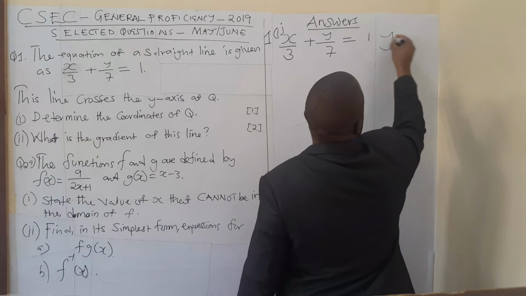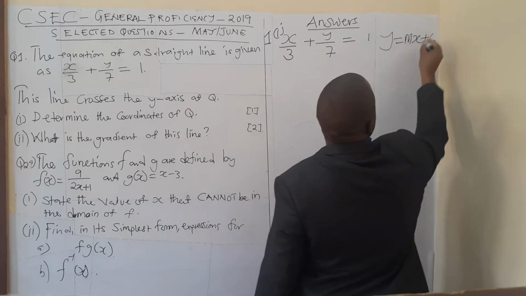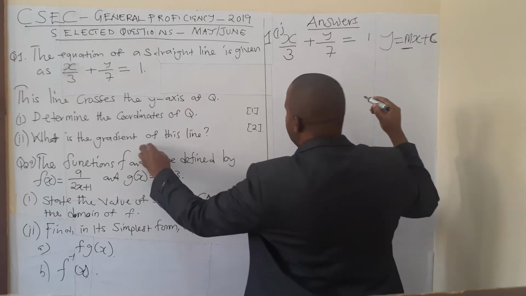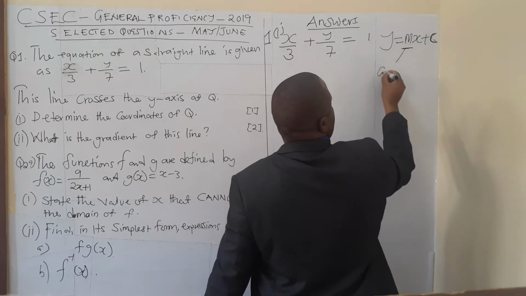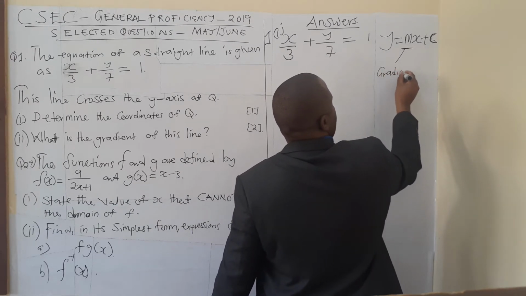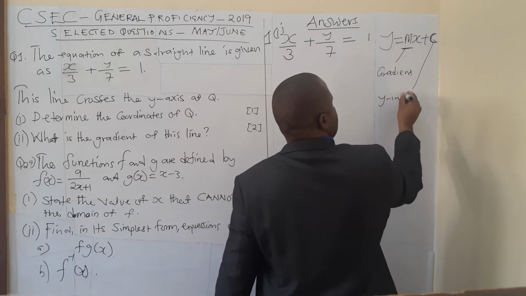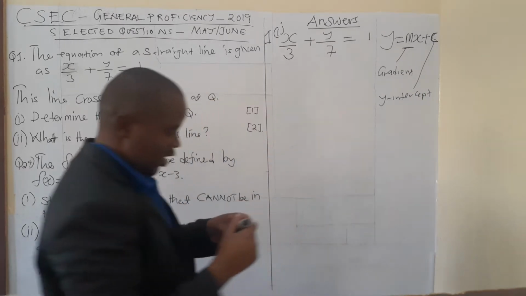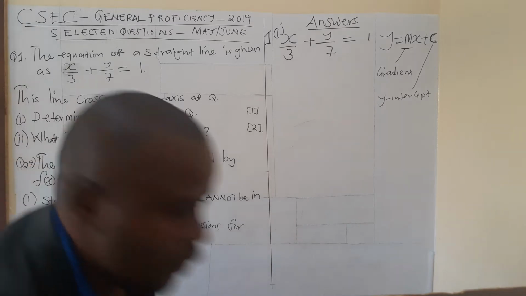We say y is equal to mx plus c, where m is the gradient which they are looking for in the second part, and c is the y-intercept, the point at which the line is cutting the y-axis. So we need that.